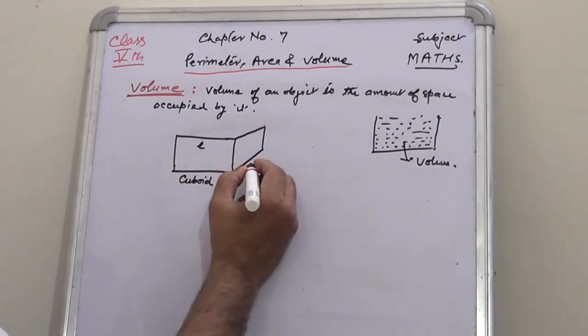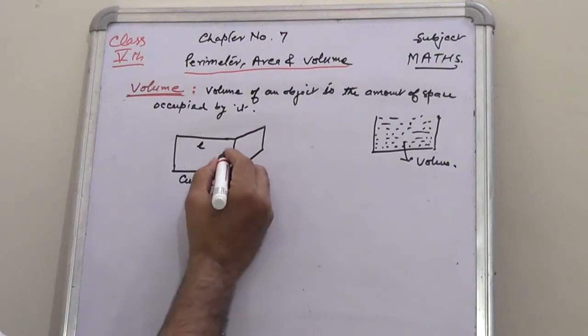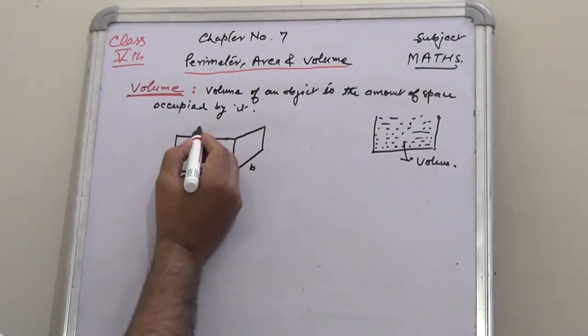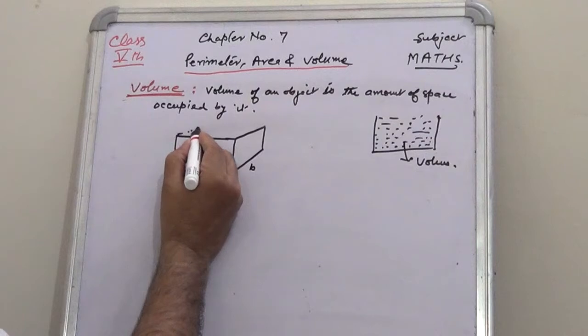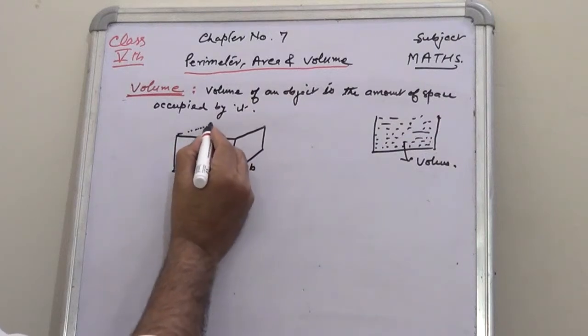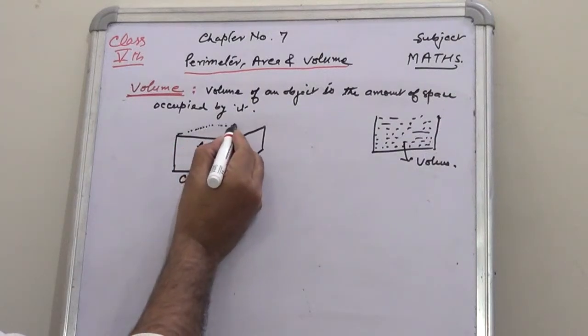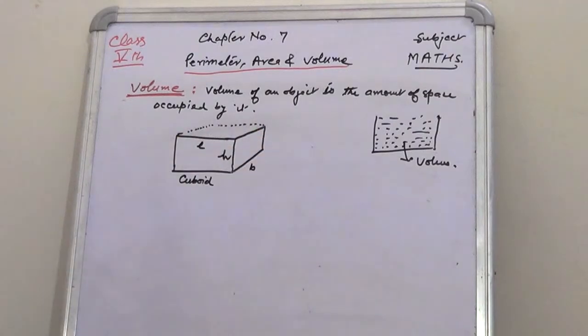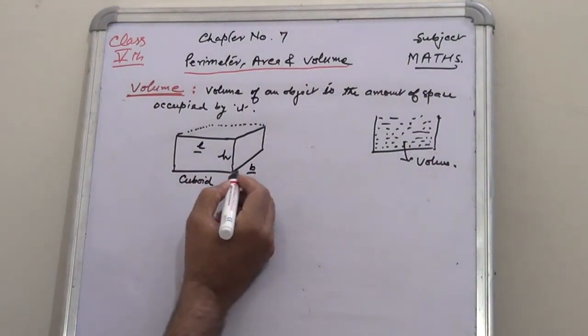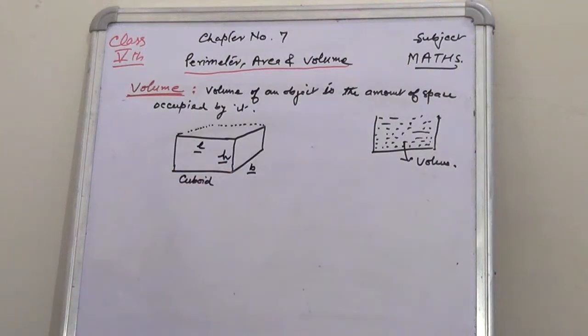This is the length of the cuboid, this is the breadth of the cuboid, and this is the height of the cuboid. A cuboid is a box which has length, breadth as well as height.